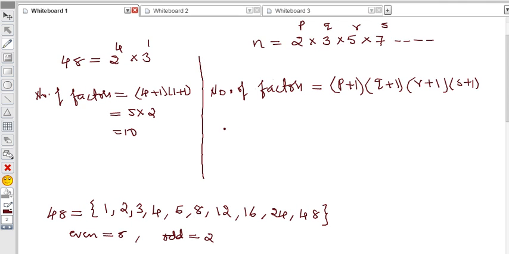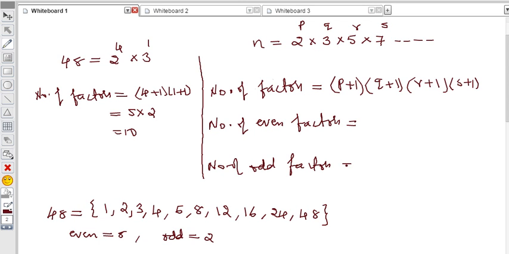So one simple concept based on this, after finding the prime factorization, to get the number of odd factors, we will not take the 2 power value. So 2 to the power p we will not take.